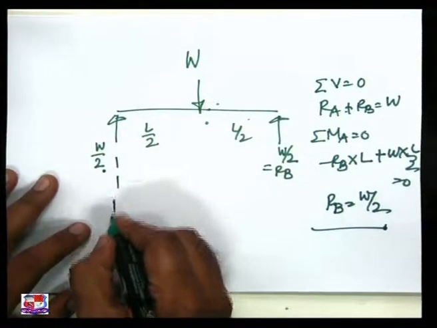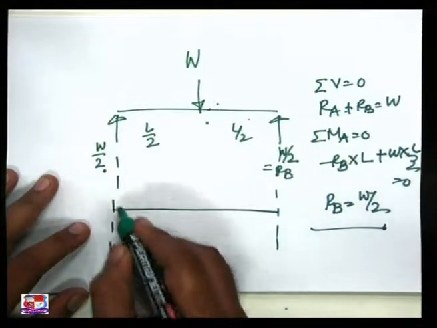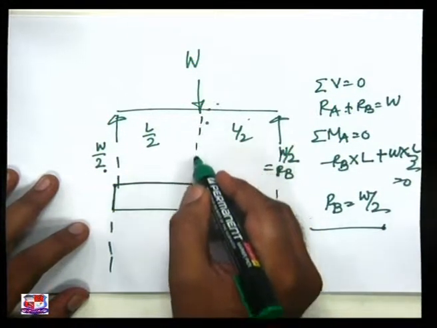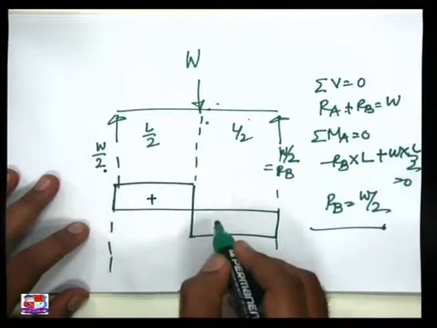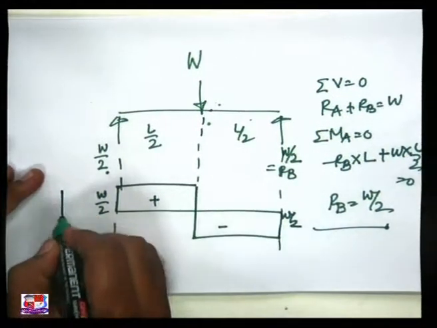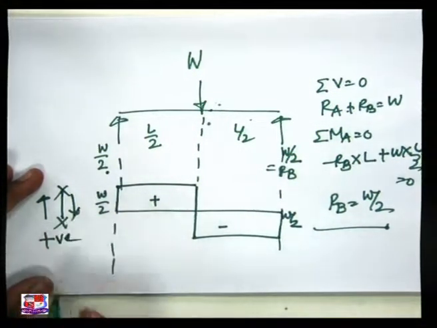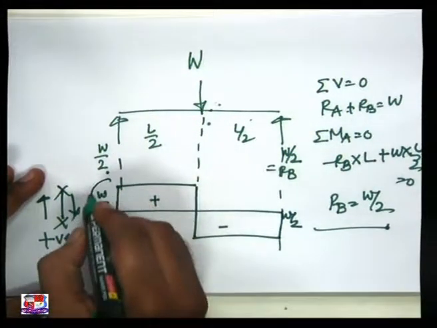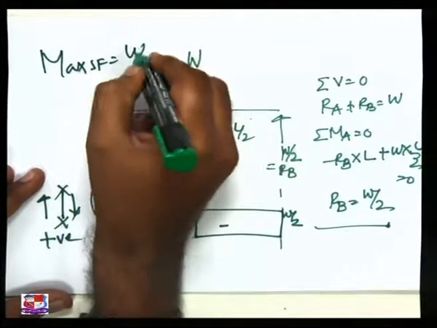Now, if we plot the shear force diagram for the same, then this is W by 2, no load, horizontal straight line, sudden change, plus value, minus value, W by 2 with this sign convention. So you can visualize very clearly the maximum shear force acting on a section is W by 2.